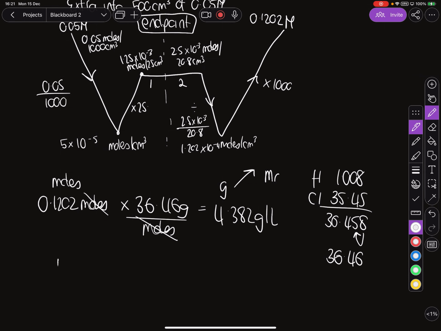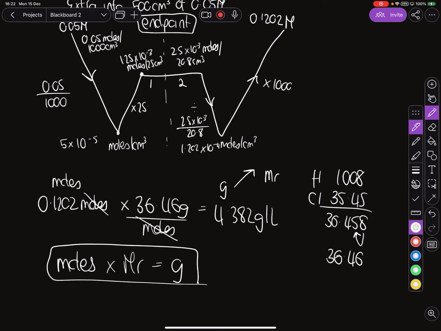The fast way, if you want to get to grams, is moles by molar mass is equal to grams. That is the fast way without having to do the cards. But you just need to make sure you know your units and how to work with them.